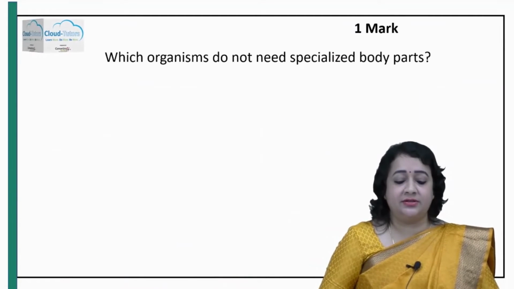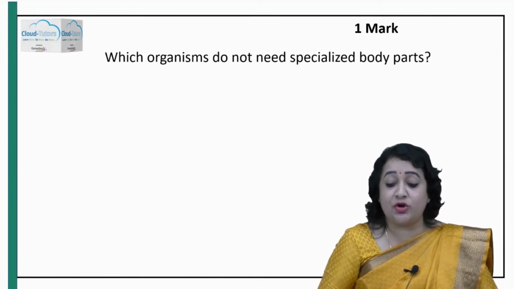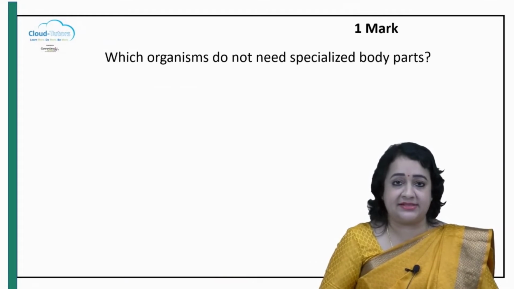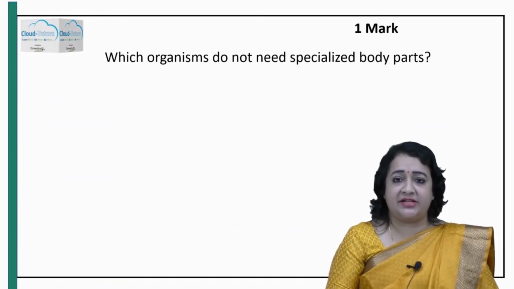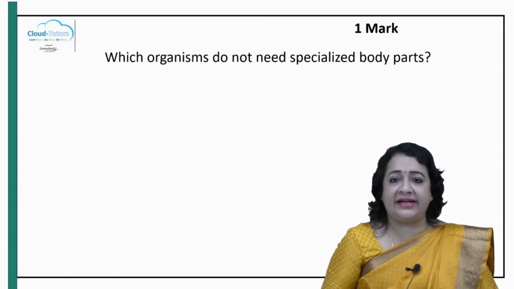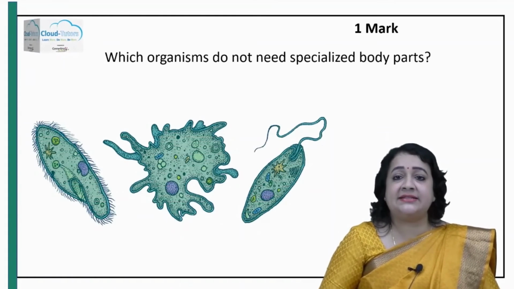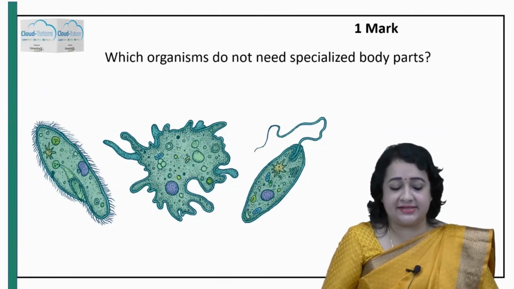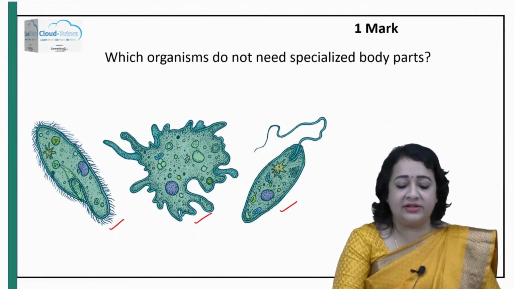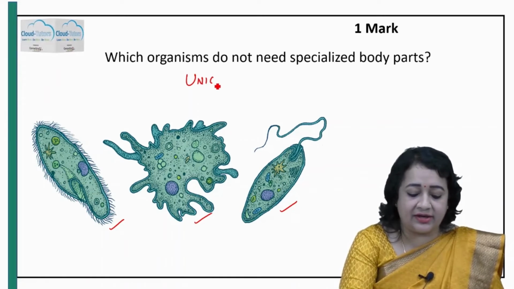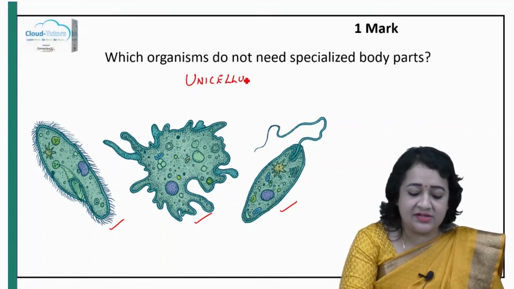Next question. Which organisms do not need specialized body parts? Specialized body parts in the sense respiratory system, digestive system, those systems are not needed. So the answer is unicellular organisms. We have paramecium, amoeba, euglena, all these are unicellular, made up of single cell.